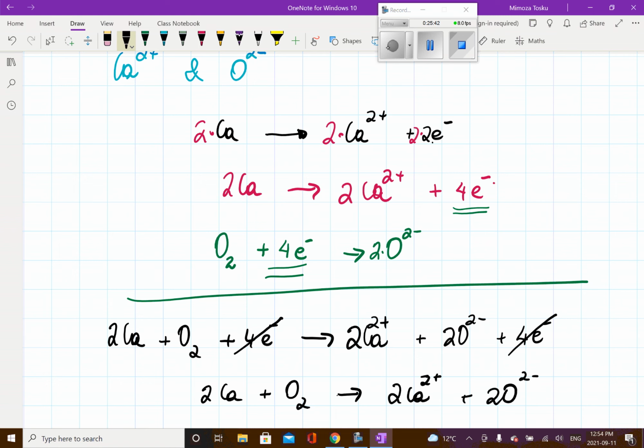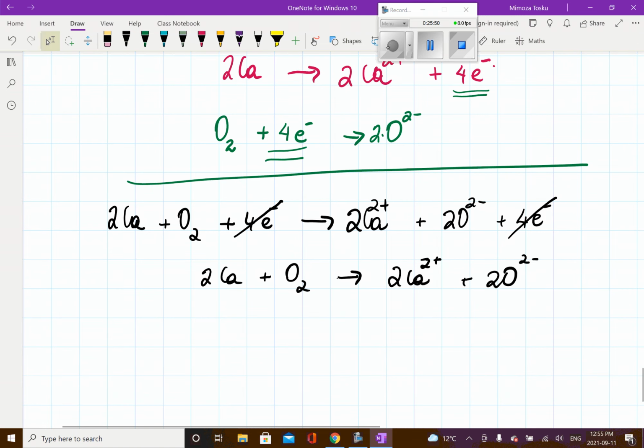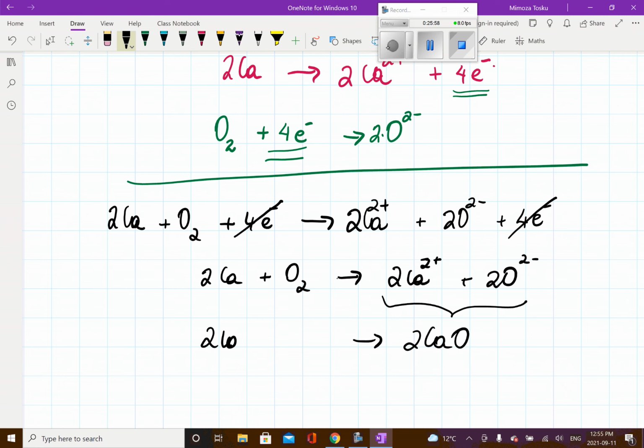Now that we have two entities with opposite charges, they combine into calcium oxide. So the final reaction will be 2 calcium plus O2 giving 2 CaO.